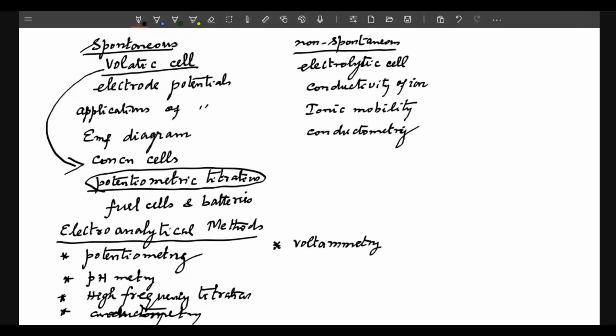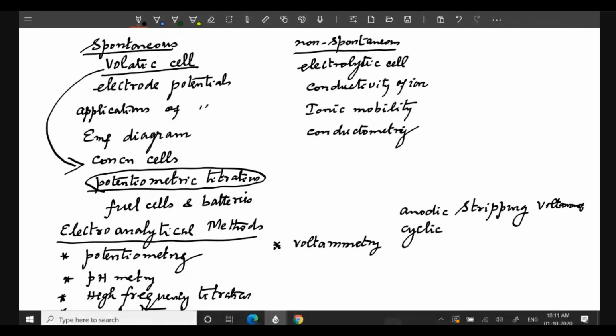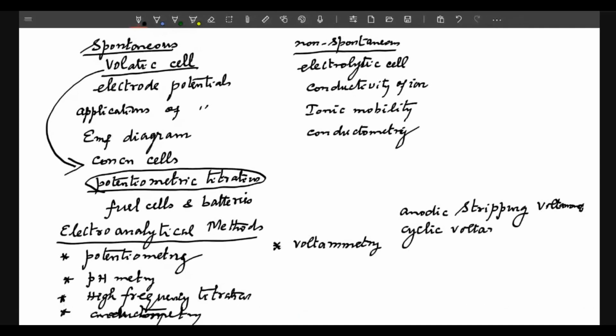What are these different voltammetries? Anodic stripping voltammetry, cyclic voltammetry, then amperometry.